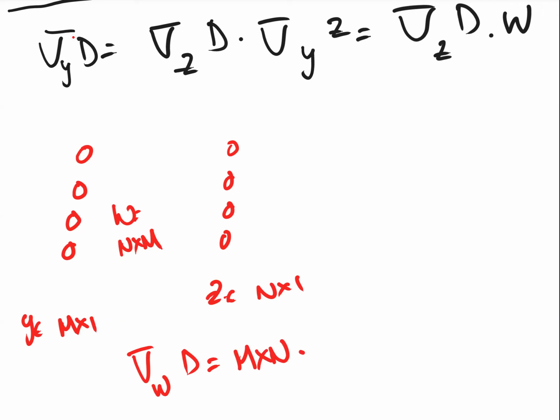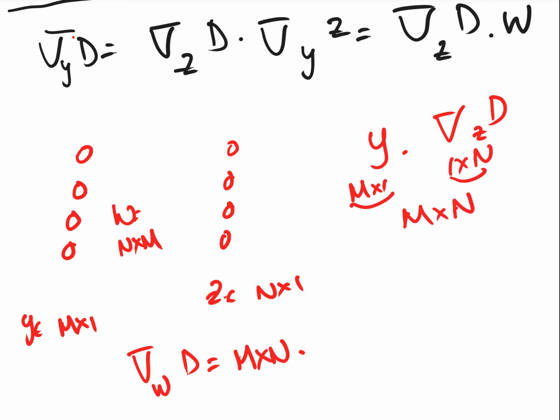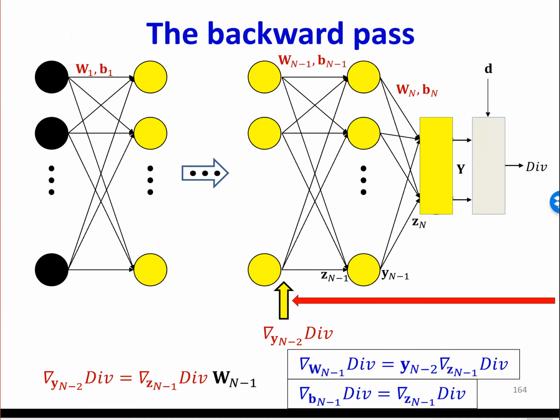And so if I take y as m cross 1, and the derivative of the divergence with respect to z is 1 cross n, this gives you the correct size, m cross n. Well, now the math is a little more involved for how that formula actually happens, but if you take it for granted for now, then this works out, right?